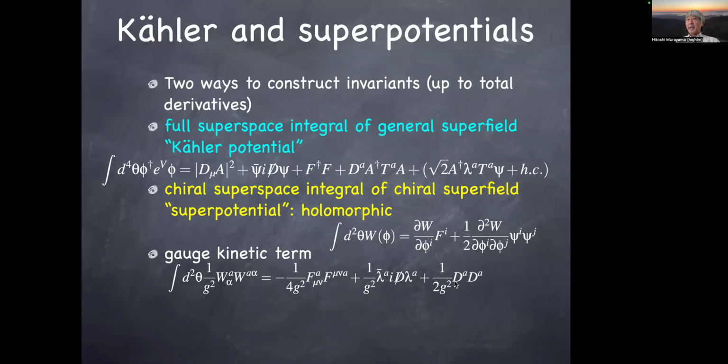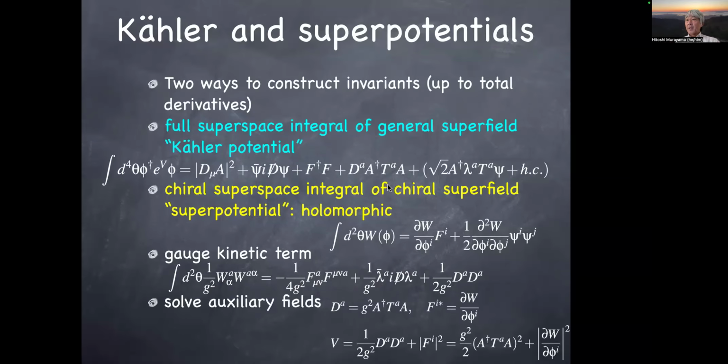If you integrate over D together with this term over here, you get the square of this thing by completing the square. That's a potential called the D-term potential, which combines scalar fields to interact in a phi to the fourth theory, but its coupling is dictated by the gauge coupling.